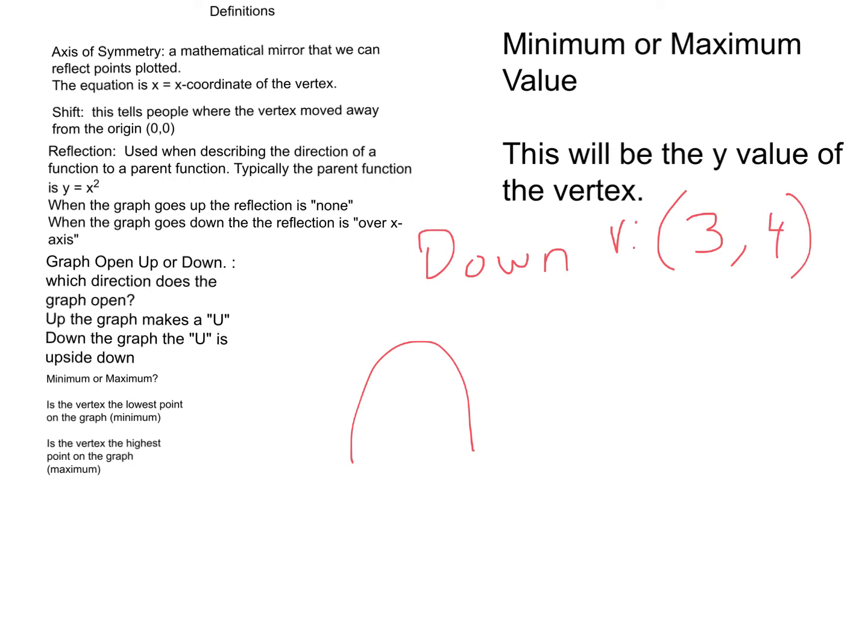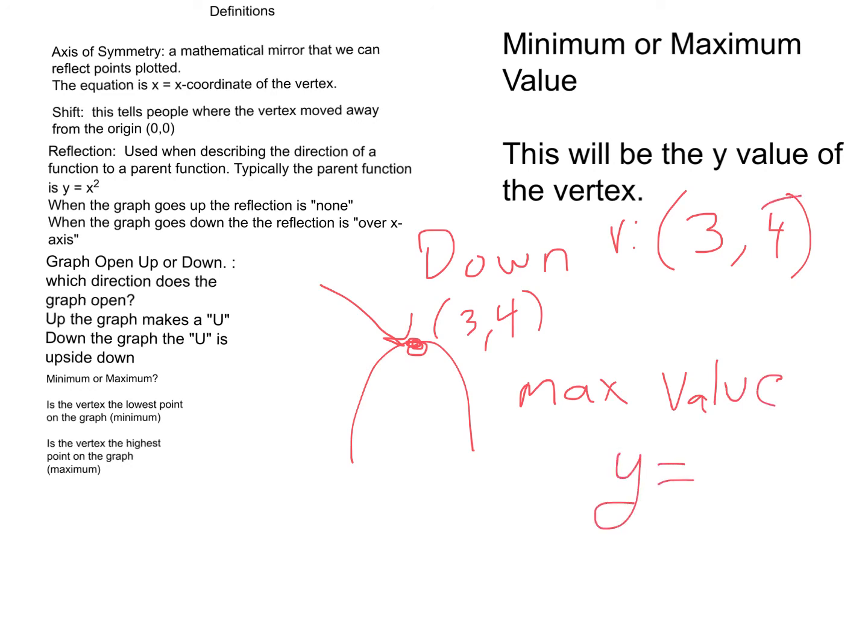So again, this coordinate right here, 3, 4. Now because this vertex is going to be the highest point I have, we're going to say it's a maximum. And then for the value, again, we say y equals, and then grab the y-coordinate, and it's going to be 4.